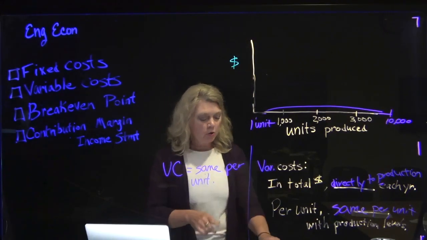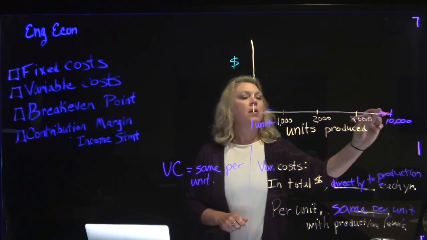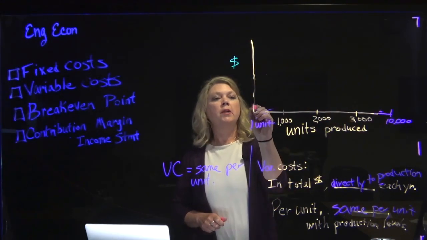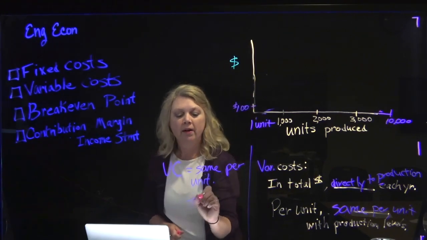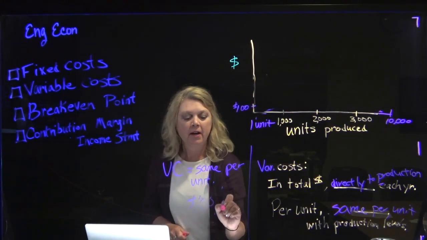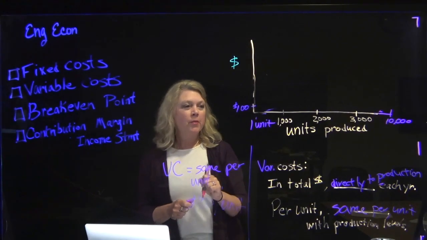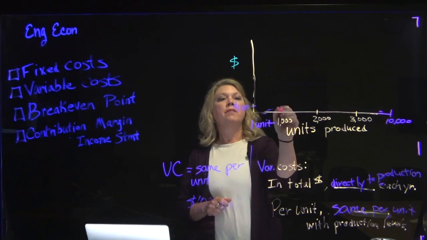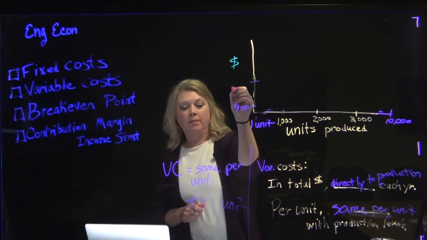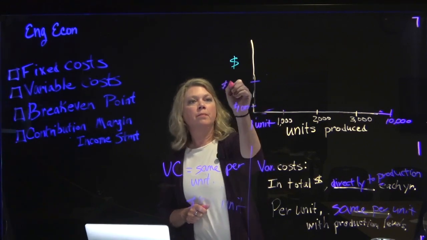Okay, so let's draw what variable costs look like. They start with 1 unit. Maybe we have $100 of variable cost. $100 per unit of direct material. Direct labor is another example of a variable cost. If you make 1,000 units, variable cost will be what? 100 per unit times 1,000.